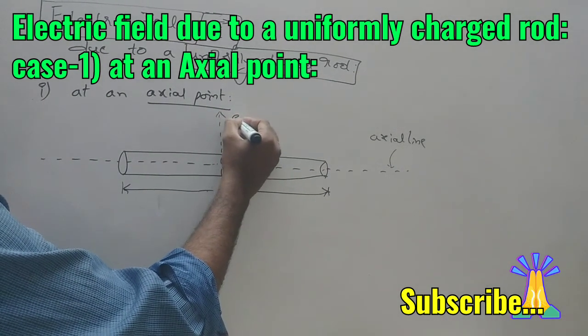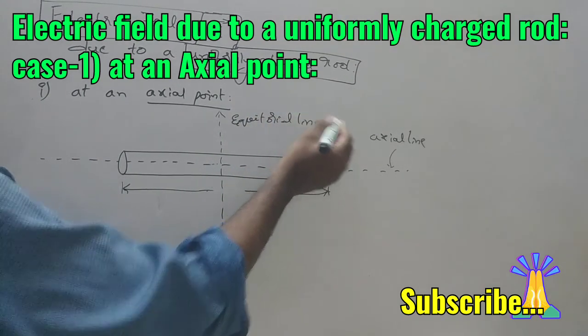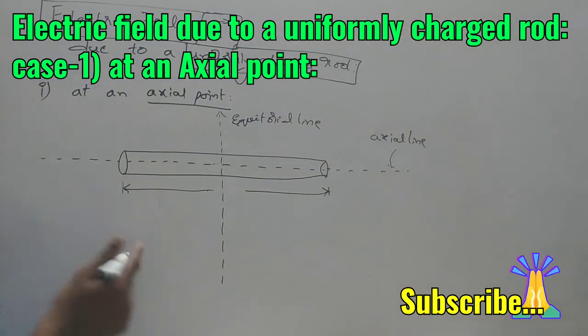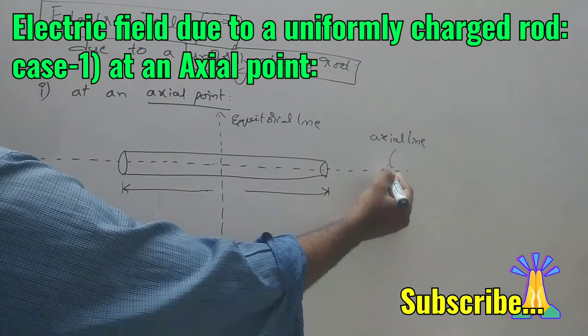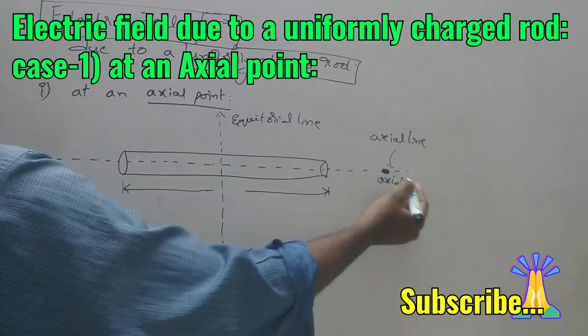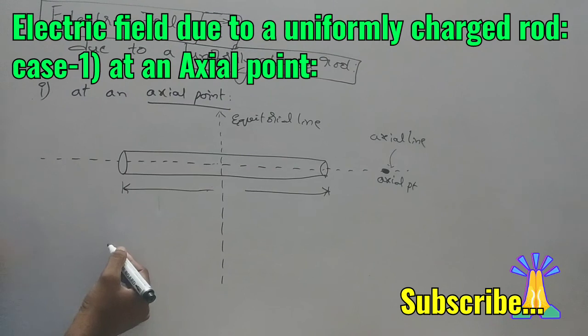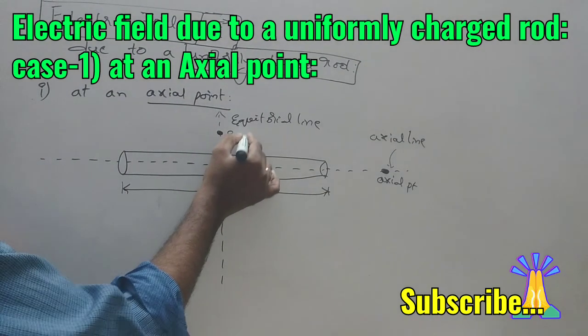Suppose a point is here. The point which lies on the axial line is called an axial point, and the point which lies on the equatorial line is called an equatorial point.